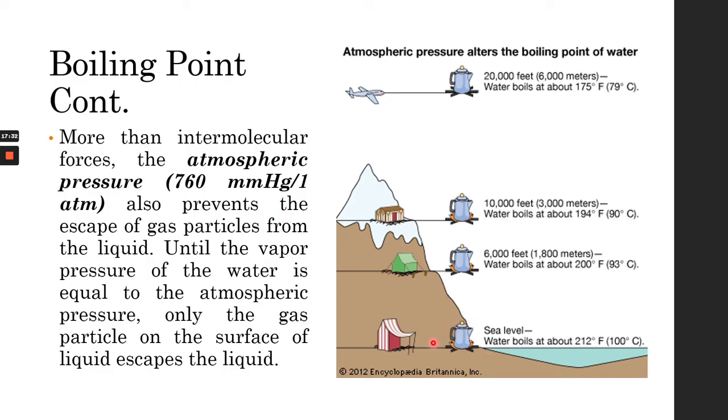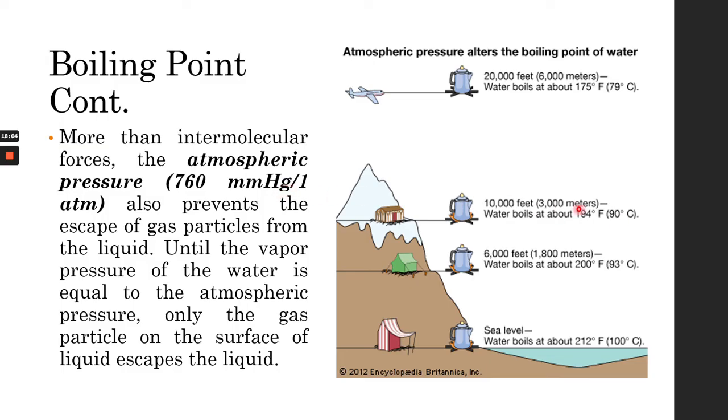But when we boil water at a higher altitude, the atmospheric pressure is actually less. For example, if you boil it on top of Mount Everest, the boiling temperature is lower. Why? Because the atmospheric pressure is lower.